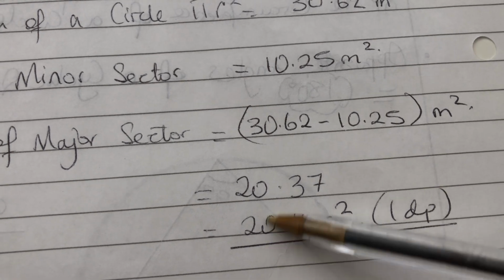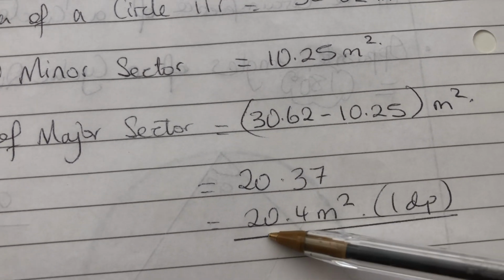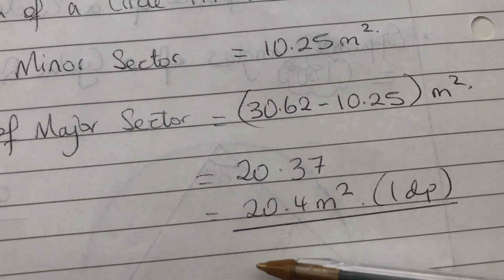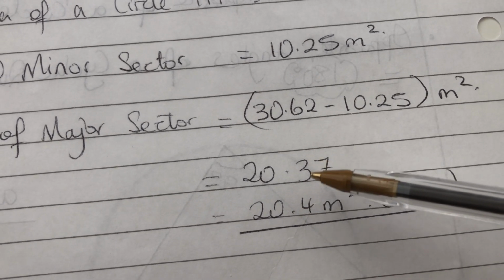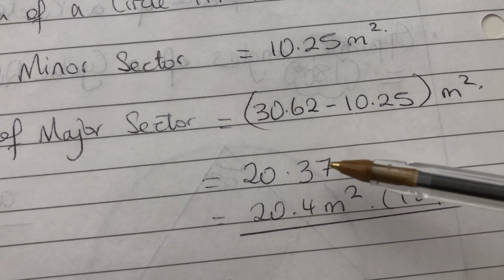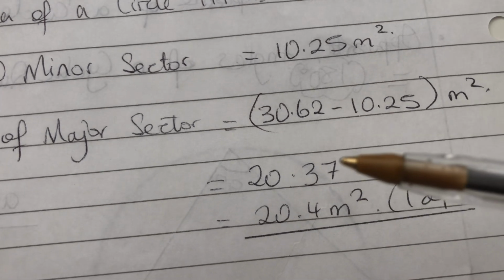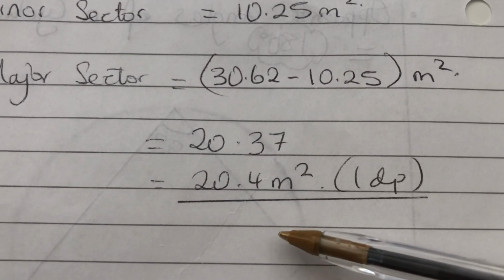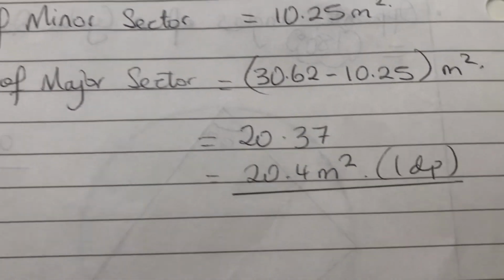We've talked about this. If they say leave your answer to the nearest meter, or two significant figures, or one decimal place, or pi, you know what to do. So that will be our second example.